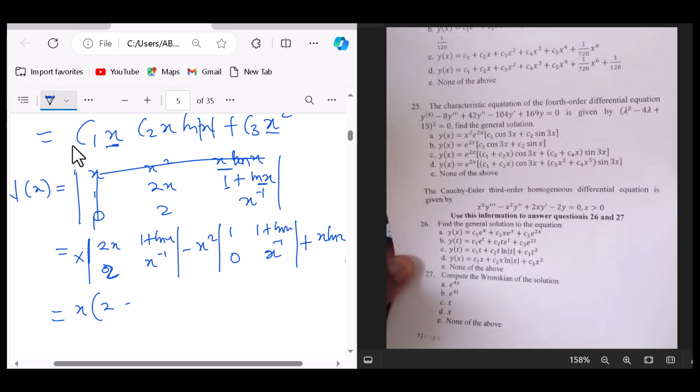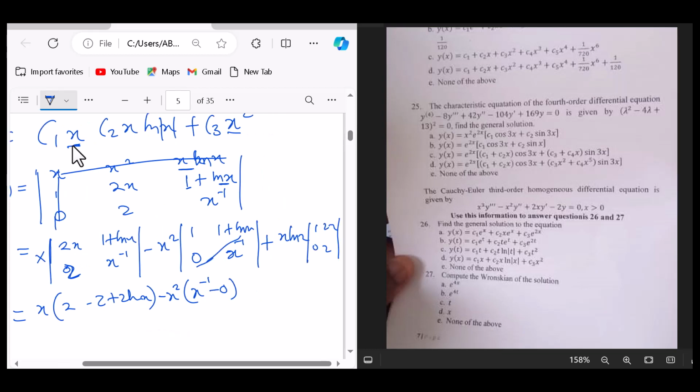Okay, so 2 minus 2 plus 2 ln x like this, then here I'll get minus x power 2 into brackets x power negative 1 and this give me 0 minus 0, then plus x ln x to brackets, this one I'll get 2 minus 0.